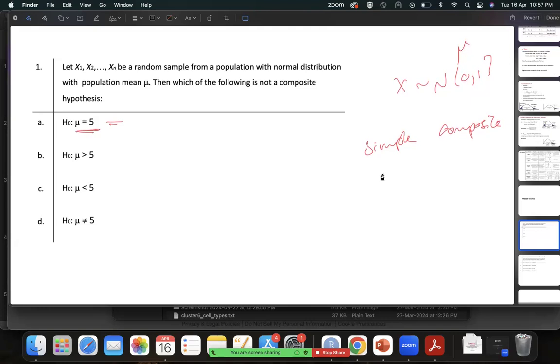This is a simple hypothesis. All these others are composite hypotheses. Greater than 5 could be any value greater than 5, less than 5 could be any value less than 5, and not equal to 5 could be any other value. This information is not definite; it doesn't tell us exactly what mu is. So which of the following is not a composite? Option A is your answer.